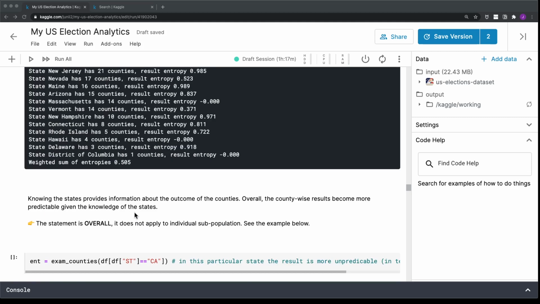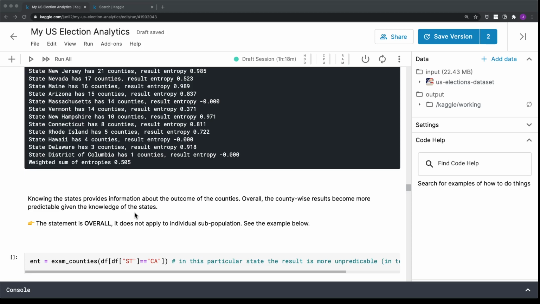One thing I need to note before we go from this aspect is that the statement is about the overall reduction of entropy, which does not apply to each individual subpopulation.